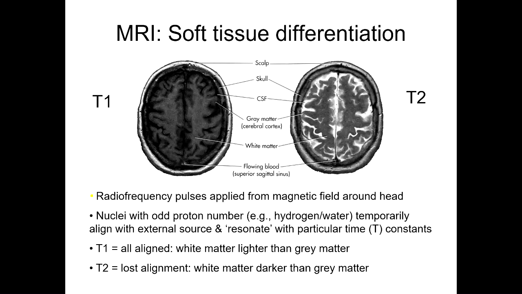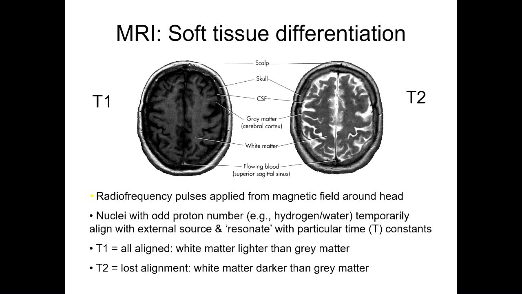In time constant 1, all of the protons are aligned with the direction of the magnetic pulse. And in this particular version, T1, the white matter inside the brain appears lighter than the grey matter surrounding it. So that's the normal arrangement, where the white matter is white and the grey matter is grey.